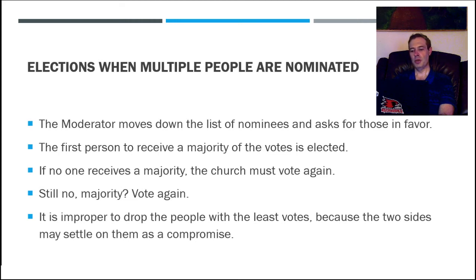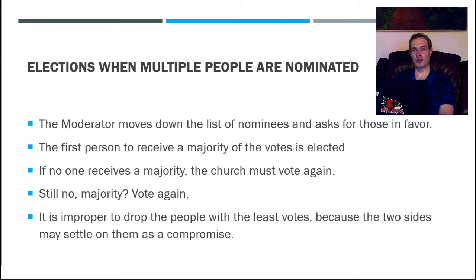Or maybe because you can't get enough people to vote for these, maybe someone will nominate someone else. You can always ask for more nominations before you vote again. You may find someone that isn't on the original list that more people are in favor of. And it could be a case that one of these people on the list asks to be removed.